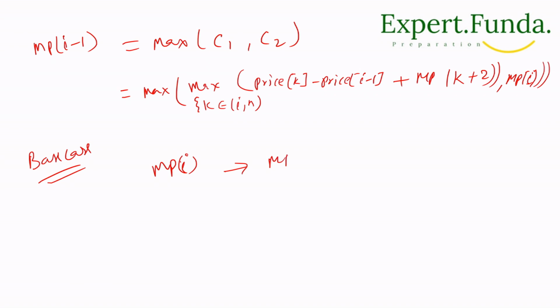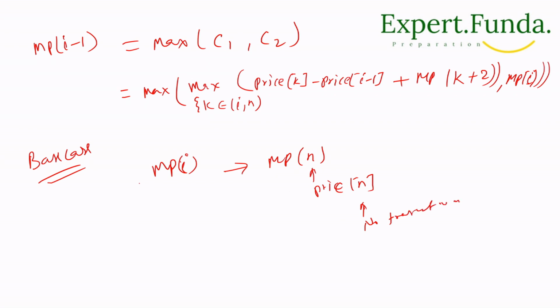MP of n is the maximum profit that we can gain from the subsequence of the single price point, price n. We will get it from price n, correct? And the best thing we should do with a single price point is to do no transaction.